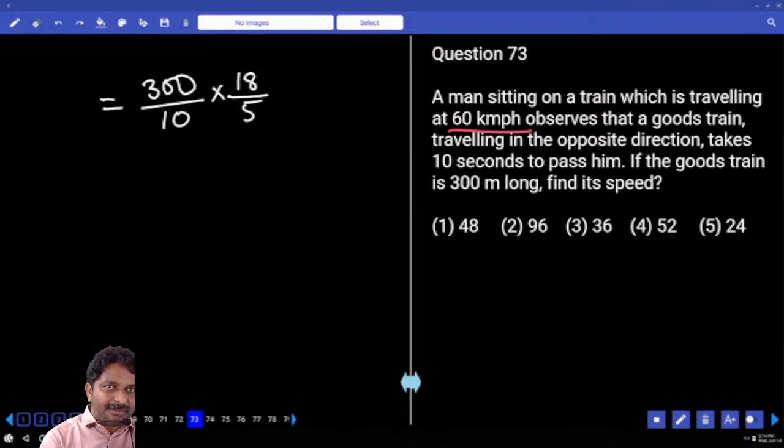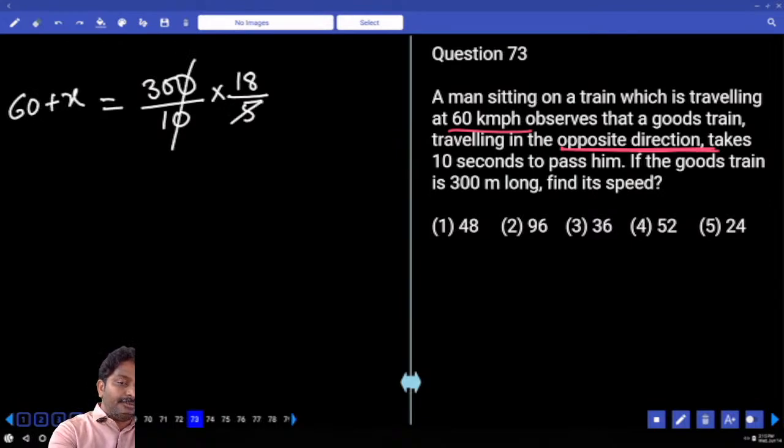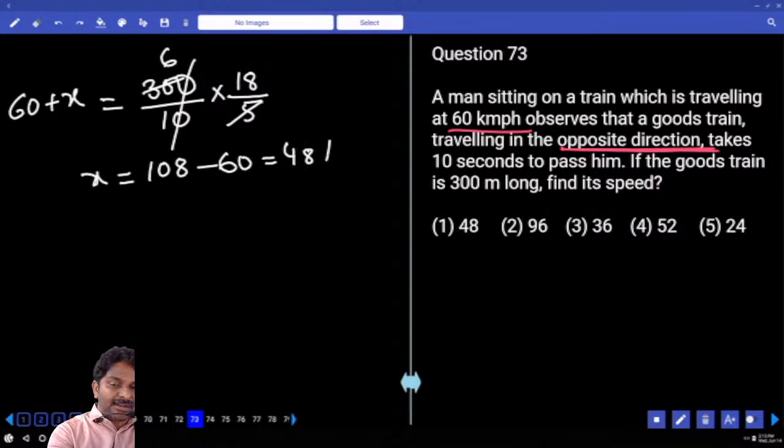Distance covered by time taken is the speed involved in this case, correct? Both are moving in what direction? Opposite direction. Then relative speed is S1 plus S2, which is 60 plus X. 300 by 10 times 18 by 5 is 108. Then X is equal to 108 minus 60. Answer 48 kilometer per hour.